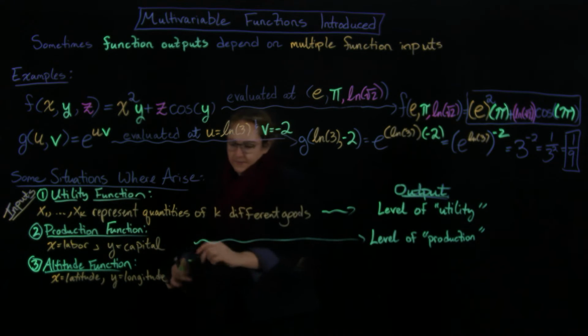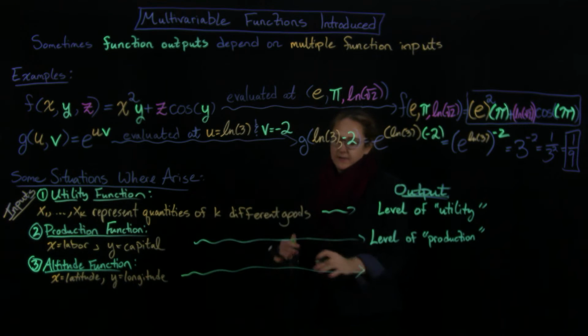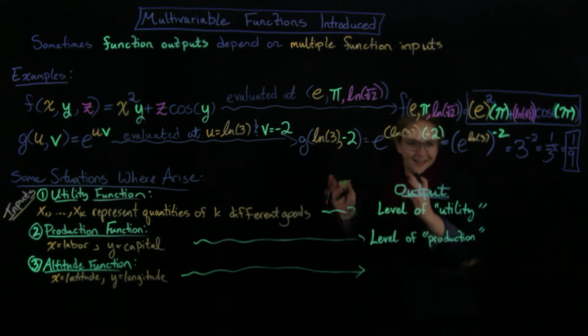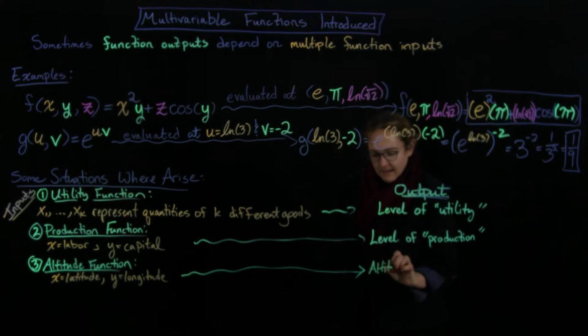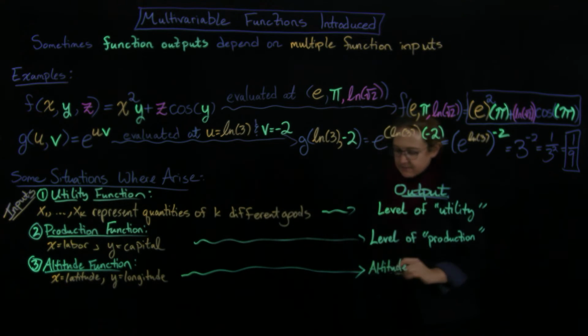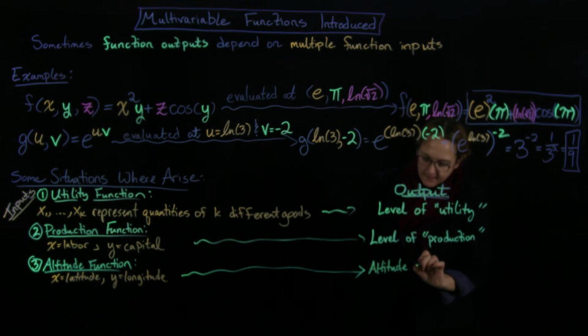And then what does my function spit out? It spits out the altitude at that location. Like, how high are we? Are we on a mountain or below sea level at that location?